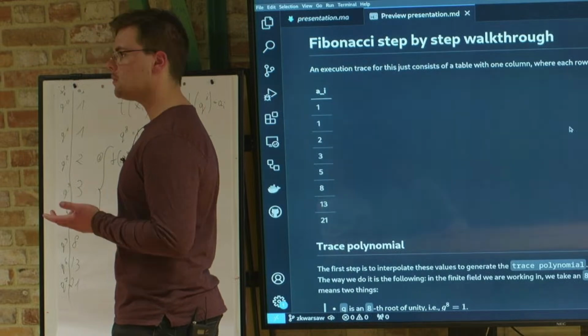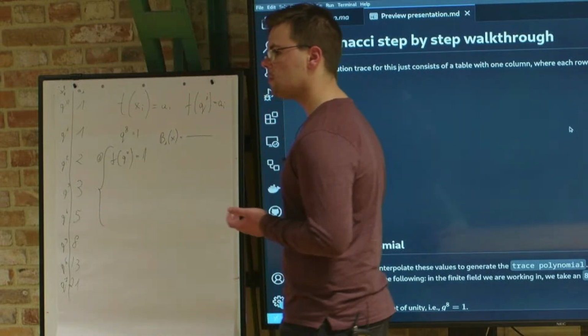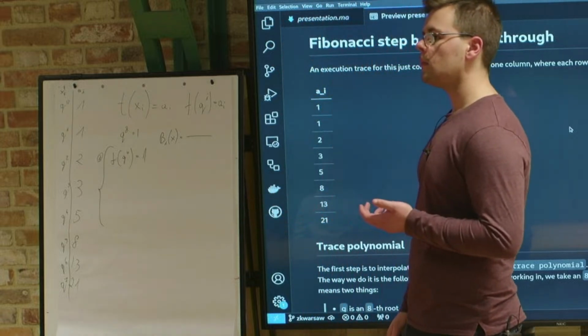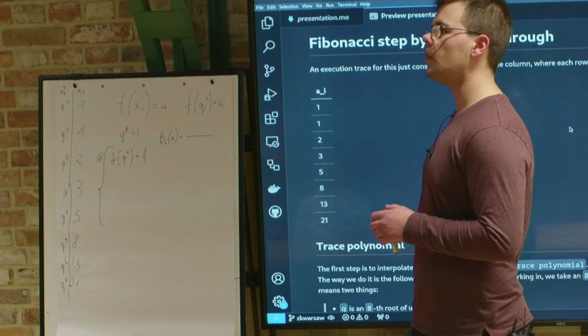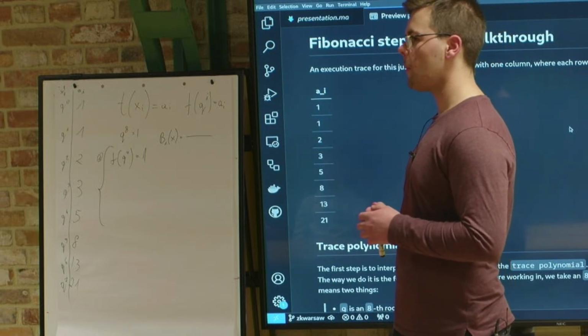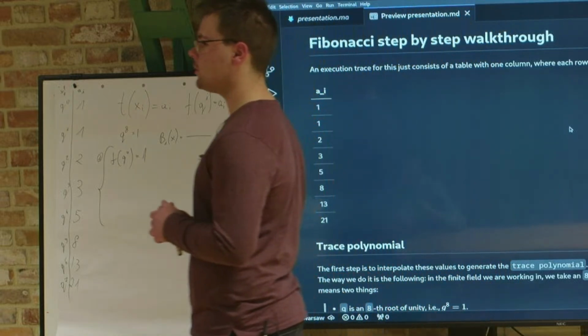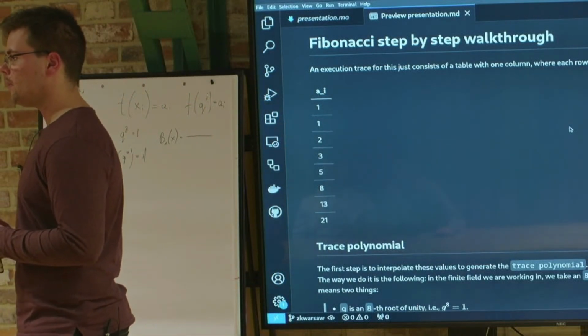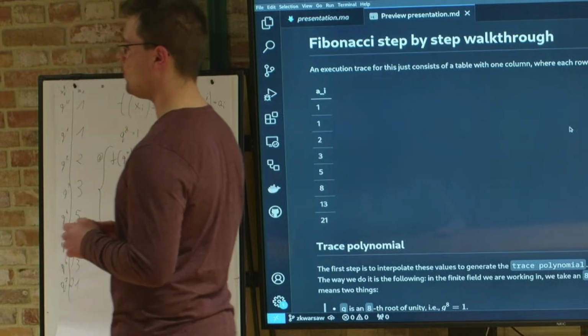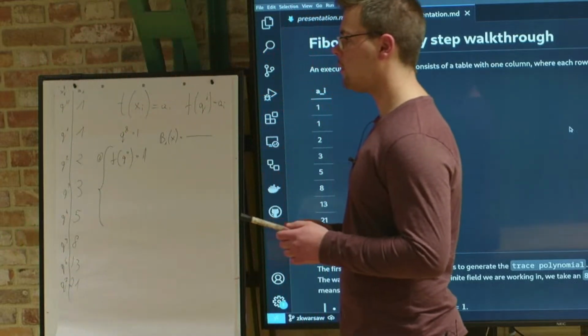But then the order of this field is prime, and if it's a prime field, then the order of the multiplicative group is prime minus 1, I think. Yeah, so that's the power of 2. So we need to find a prime field where the prime is a power of 2 plus 1. Did you say the order of the prime field is prime?